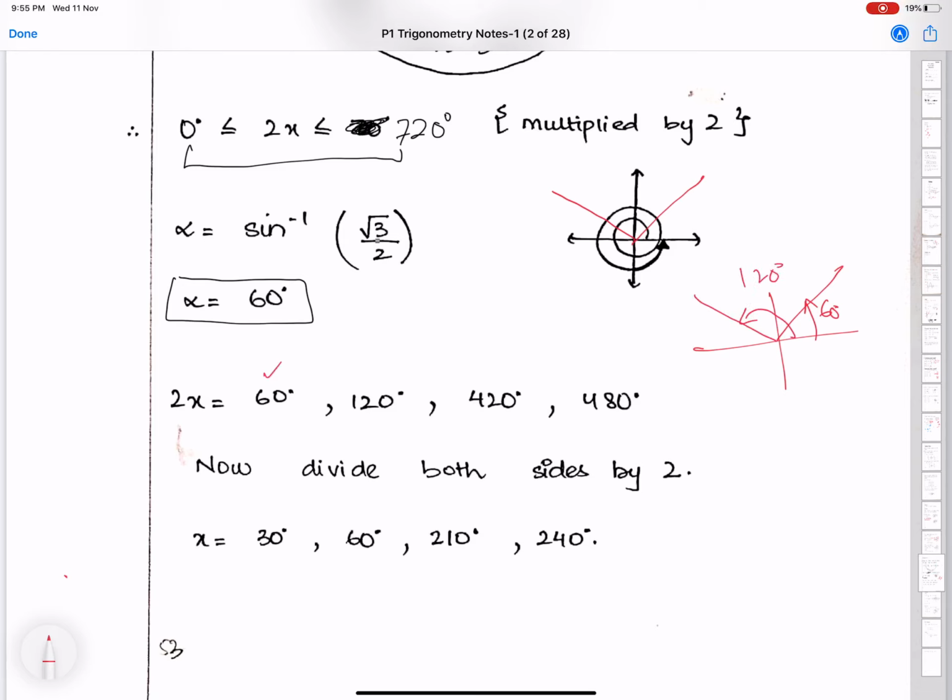Since you are working twice, you just need to add 360 to these answers. 360 plus 60 makes 420, 360 plus 120 makes 480. Whenever you work twice, just add 360 to your previous answers. Now divide all the answers by 2. These are the final answers.